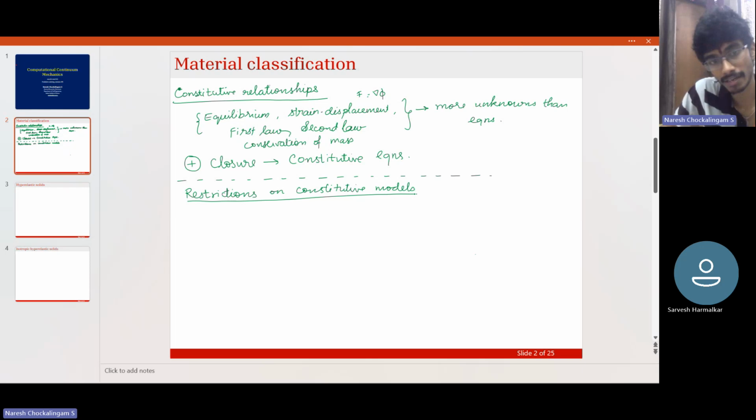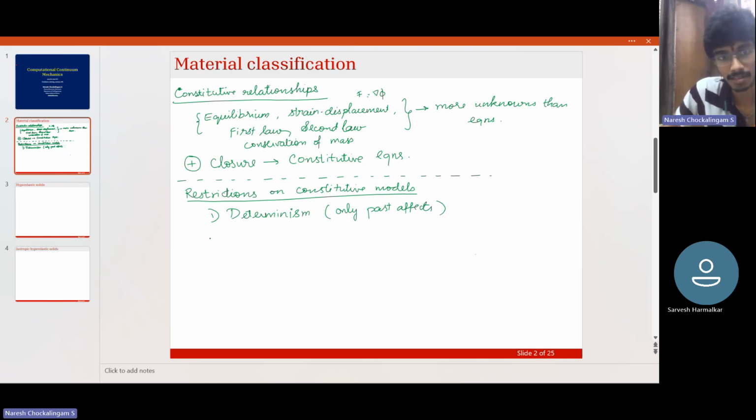The first principle is the principle of determinism, which says only the events in the past and the history of deformation can affect the current state or the future. So the constitutive relationship cannot depend on the deformation gradient or the temperature in the future. Only past affects present.